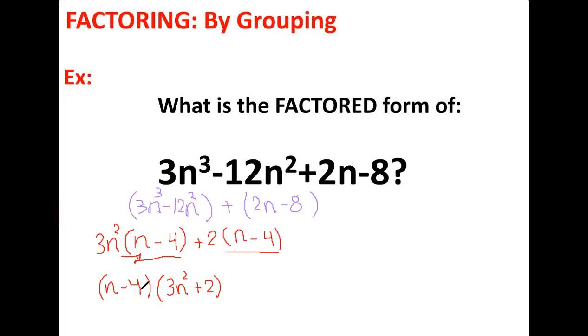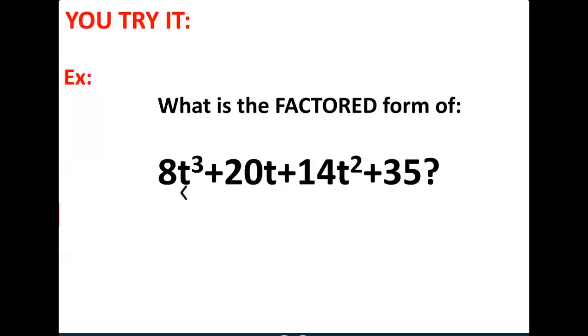So this one is n minus 4 and this one is 3n to the power of 2 plus 2. So this is how we can factorize by using grouping. We divided it into two parts, and then we found the GCF for each group, and then by the end we found it. Okay, so this is another example.